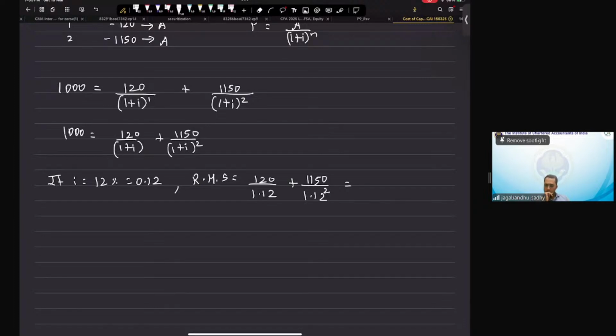What is this value? 1023 point. Let me just check it out. 120 divided by 1.12 is 107.14, plus 1150 divided by 1.12 square, that's 916.77.